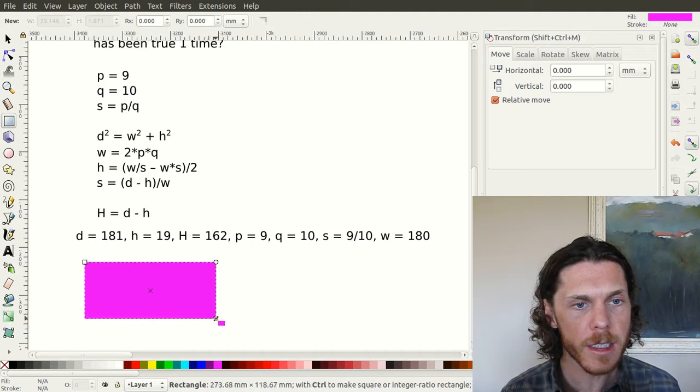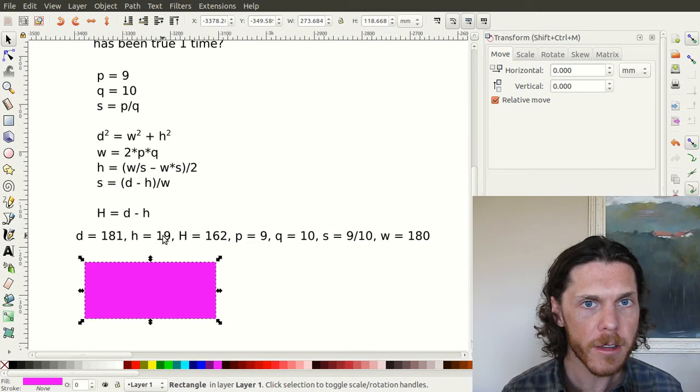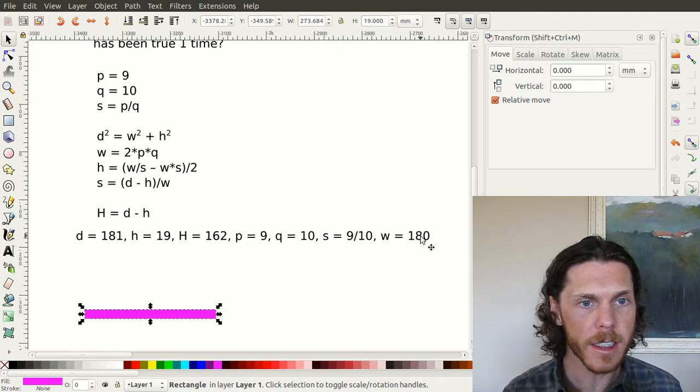So, first making the rectangle for the width and the height. So the height is 19 and the width is 180.